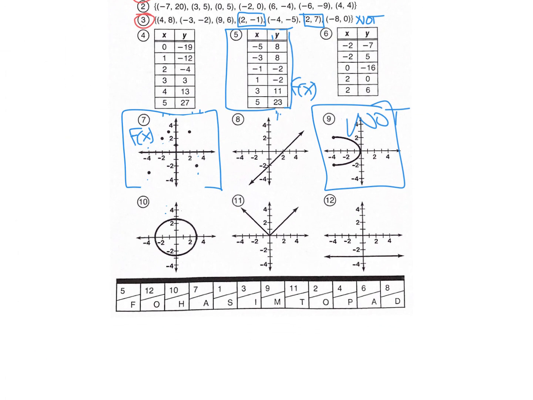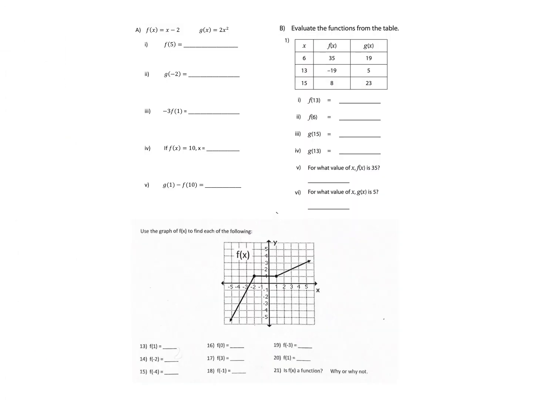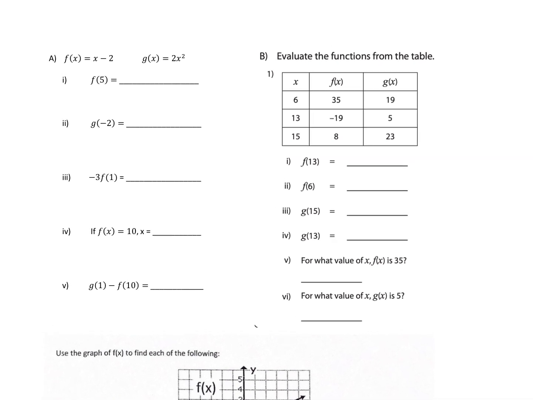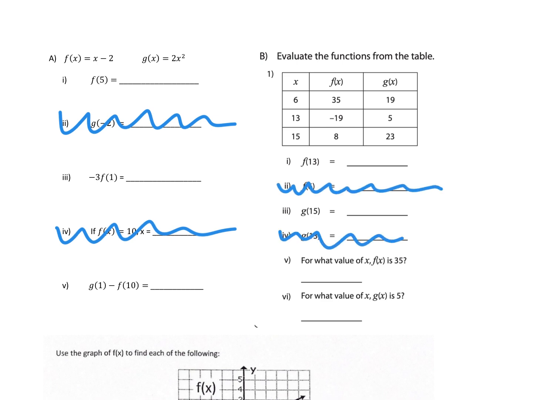All right, I don't want to do your whole worksheet for you. Then over here, I am going to cut out some of them. We're going to cut out every other one like this. We're going to cut out the second one and the fourth one. On part B, we're going to cut out the second one and the fourth one and the sixth one.